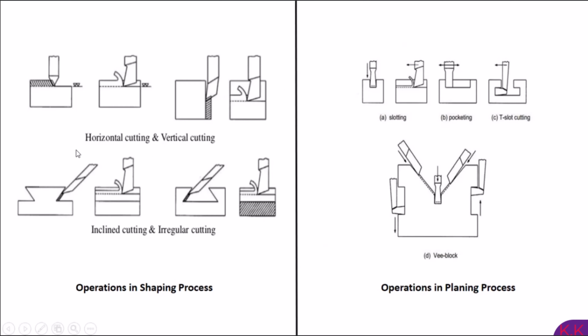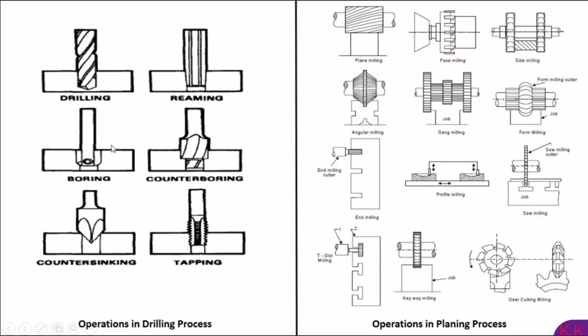Then we have the shaping process, in which our job piece is stationary and our tool is moving, and we can perform these kinds of operations. In the planing process our job is moving and the tool is stationary, so we can perform these sorts of operations. In drilling we have drilling, reaming, boring, counterboring, countersinking and tapping.